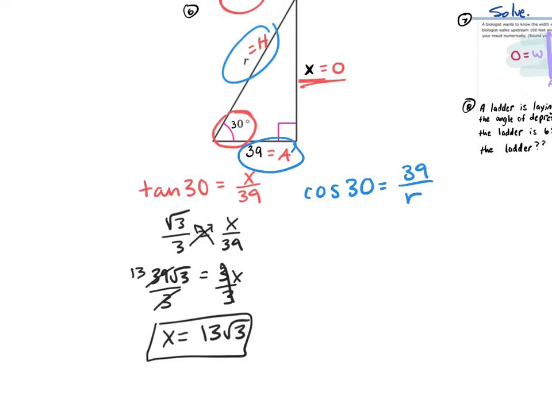So going back to our chart, what's the cosine of 30? Square root of 3 over 2. Perfect, square root 3 over 2.